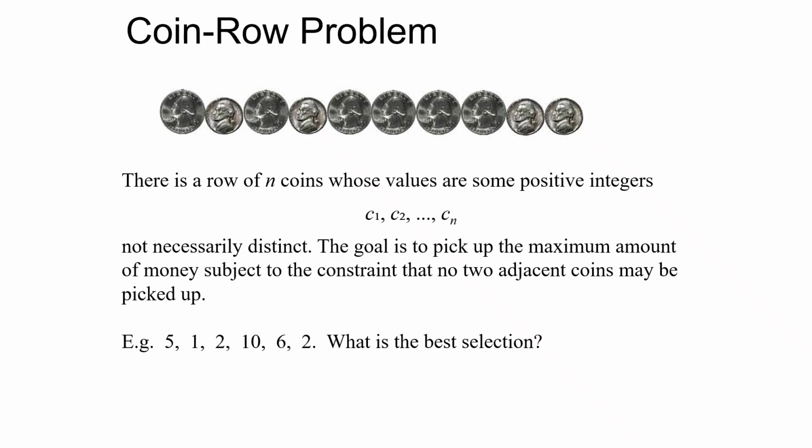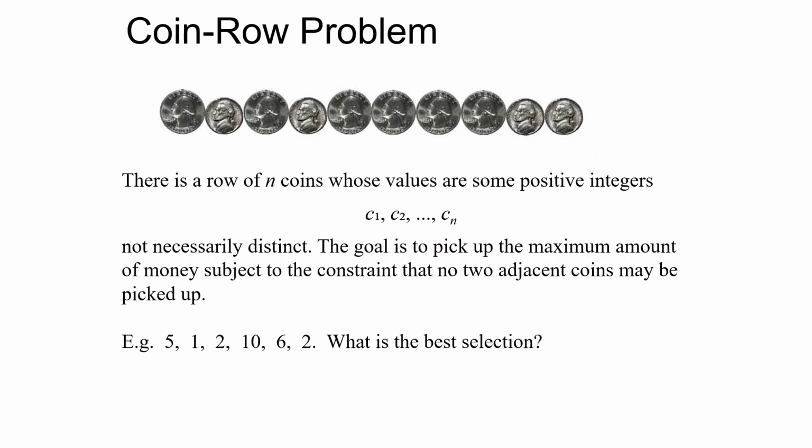Okay, so let's look at another problem, the coin row problem. Here is the definition of this problem. There's a row of n coins whose values are some positive integers, not necessarily distinct. The goal is to pick up the maximum amount of money subject to the constraint that no two adjacent coins can be picked up. Here's an example.